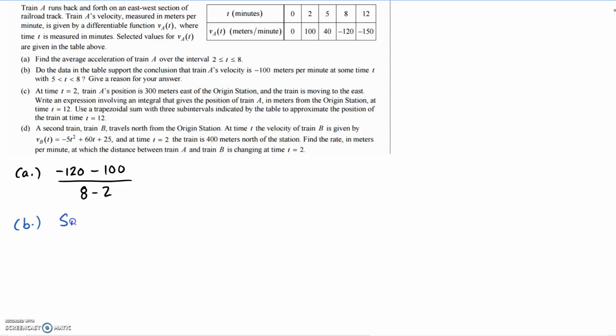So since V sub A of t is differentiable, V sub A of t is continuous on the interval that we're interested in, which is 5 to 8.